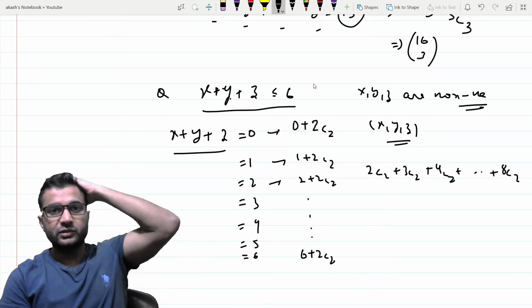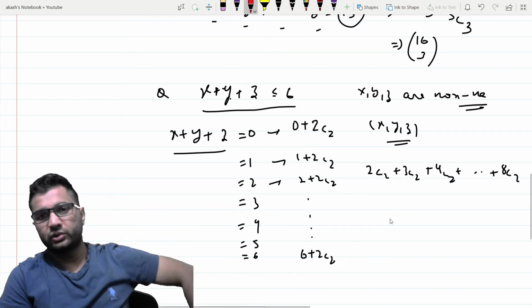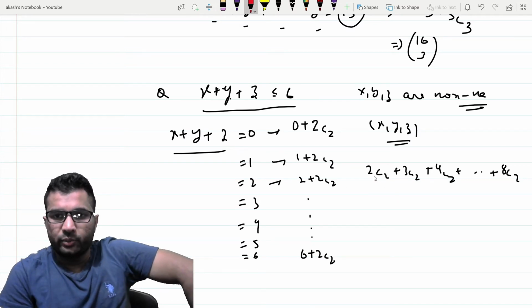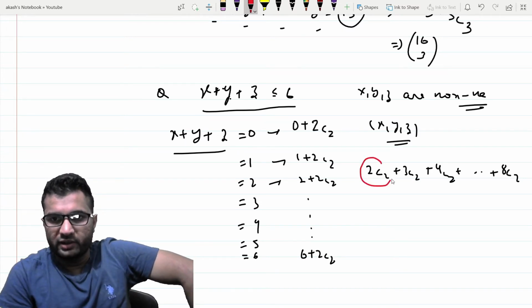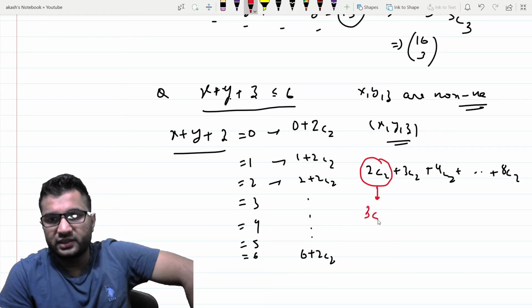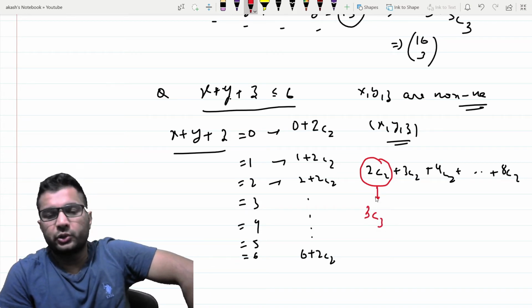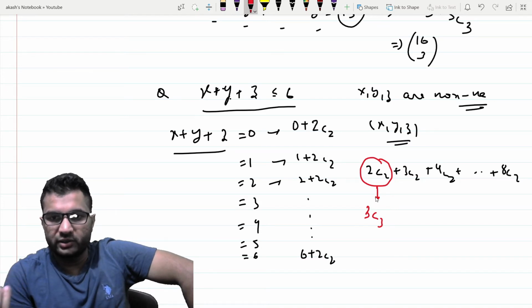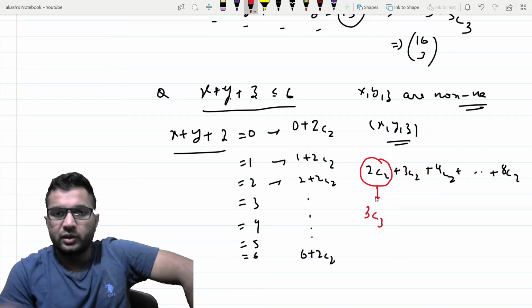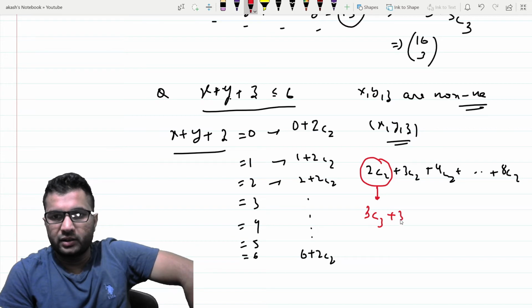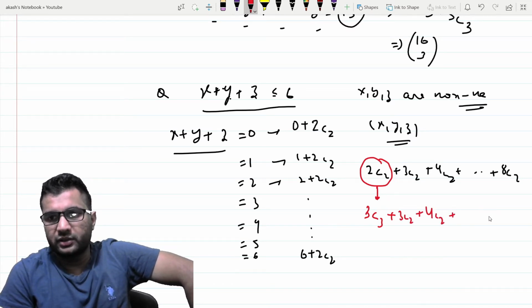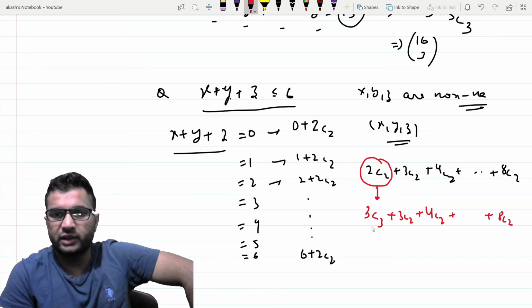In order to sum up this series, I'm going to make a little change: I will write this 2C2 as 3C3, as 2C2 is equal to 1 and 3C3 also has value 1, so I can replace it without changing the actual value.